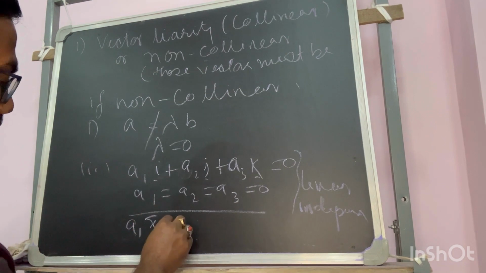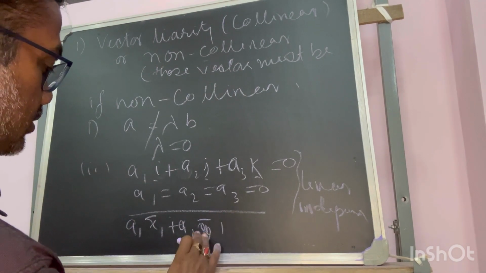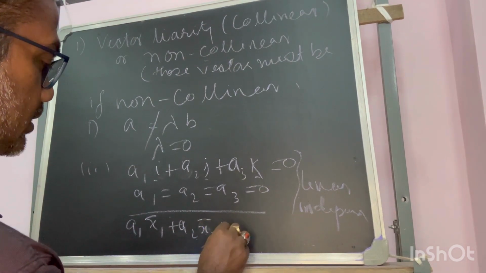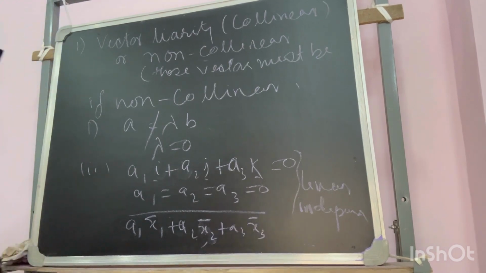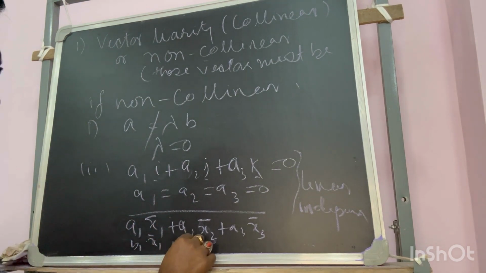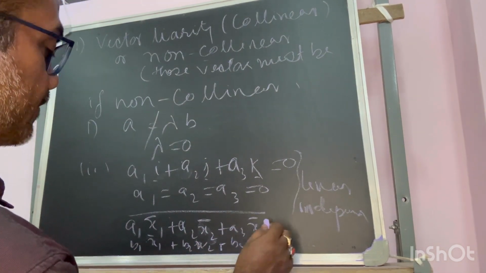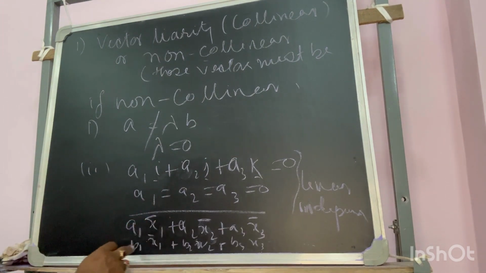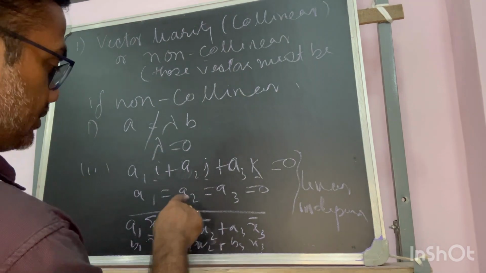If I assume x1, another vector x2, or x3, such vectors. If it is linear non-collinear, with b1 x1 plus b2 x2 and b3 x3, then these vectors are said to be such that the coefficients individually should be 0.